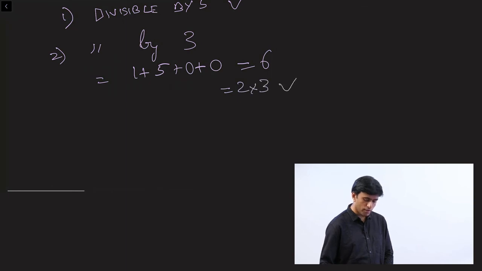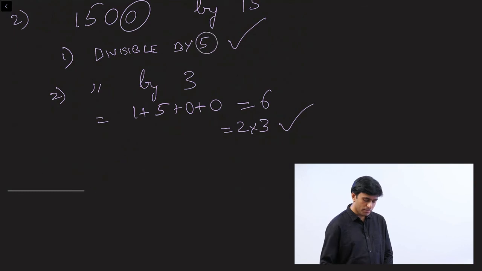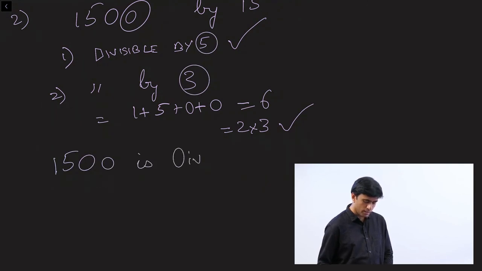It's a multiple of 3. It is divisible by 3. Since it is divisible by 5 and divisible by 3, we can say 1500 is divisible by 15.